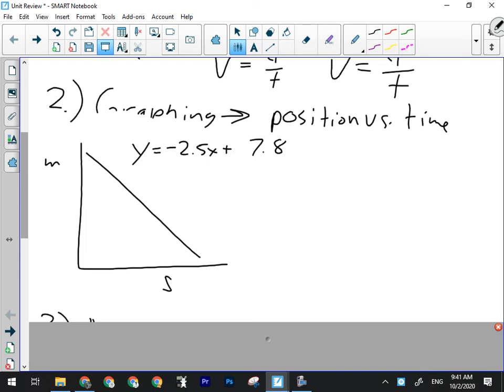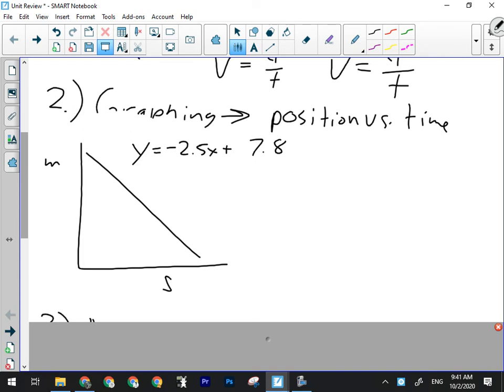That may or may not be on the graph, and you would have to calculate it using the equation, right? Or I could ask you, how long will it take for the object to reach position 0? Okay, and you would have to calculate that, right? So definitely know how to use y equals mx plus b. It's going to be part of the calculations you're going to be asked to demonstrate, okay, on the unit exam, okay, using a position versus time graph, right?